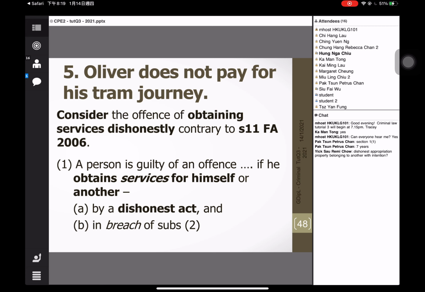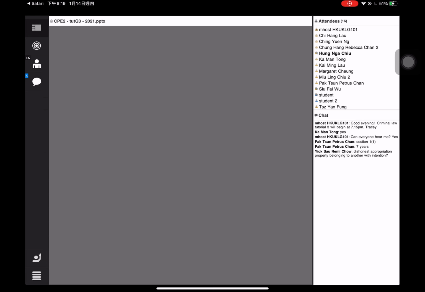So Section 11 reads that a person is guilty of an offence if he obtains services for himself, so in this case obtaining this tram ride for himself, or another, but that's not a problem for the Oliver scenario, by a dishonest act. So it suggests a positive act, so we have to look to see what Oliver does or doesn't do, that he boards the tram perhaps without paying, in breach of subsection 2.